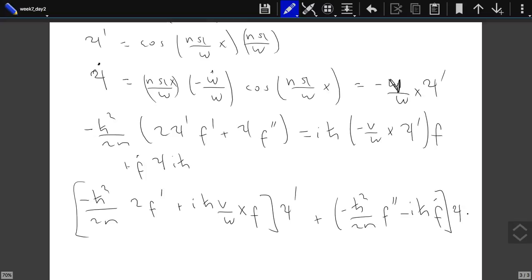This is equal to 0. Okay, do you agree up to this point?